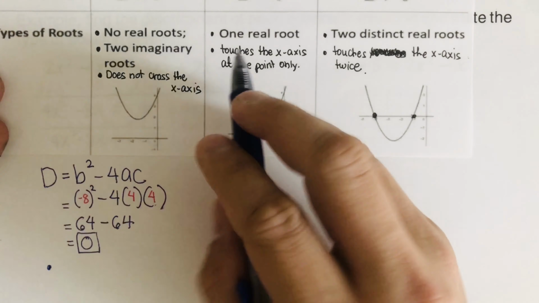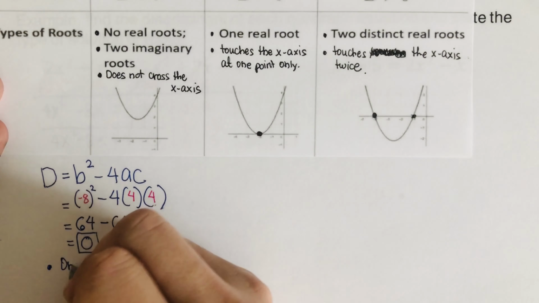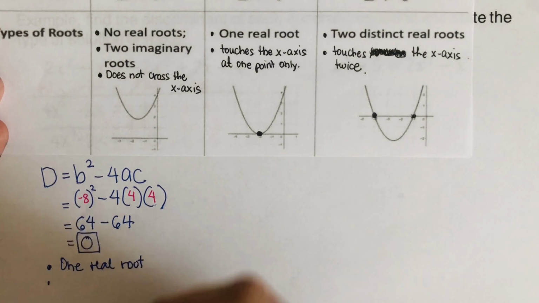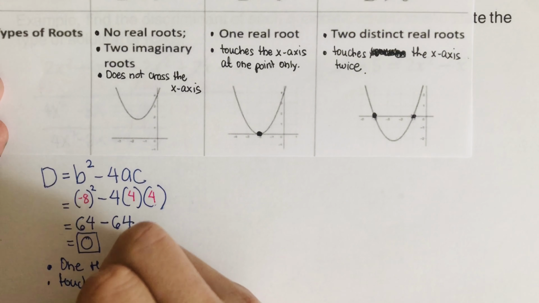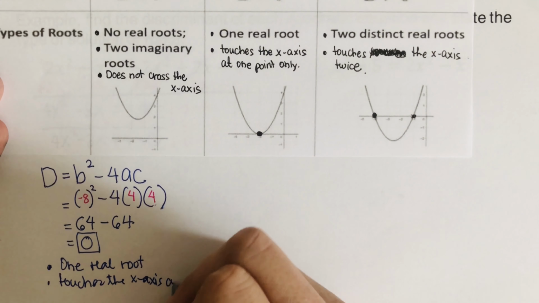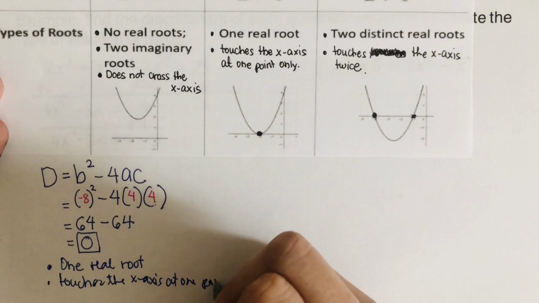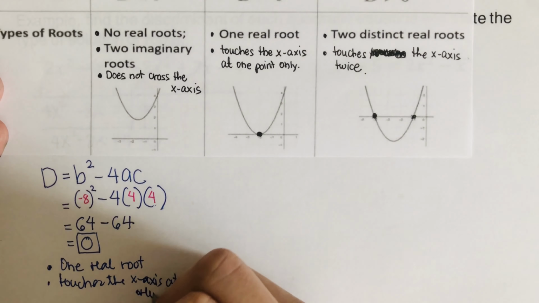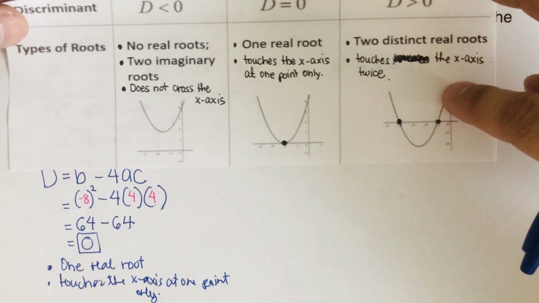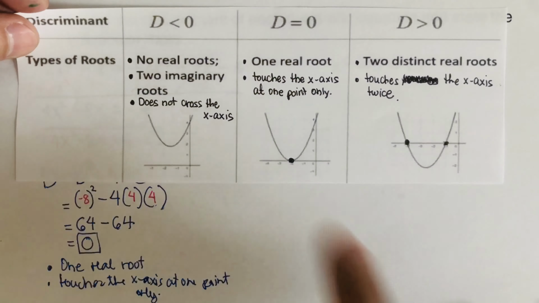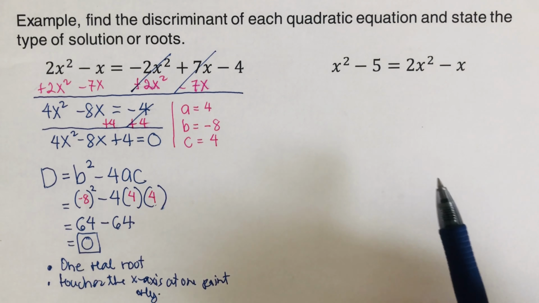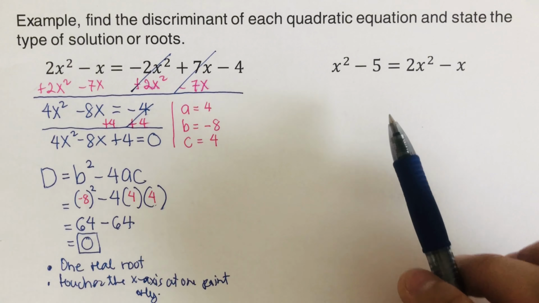So my description here would be, I'm going to write this out: 1 real root, and the other description for this is it touches the x-axis at 1 point only. So that's the description that I write, as in the first part of this video on how to write the description. At this time, I would encourage you to pause this video and try this problem out on your own. And when you're done, unpause it and check your answer.